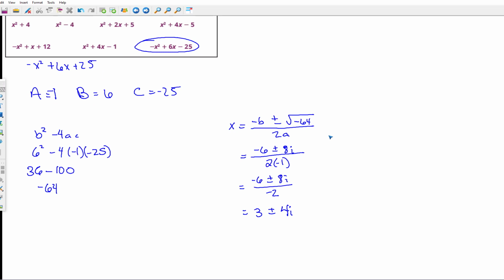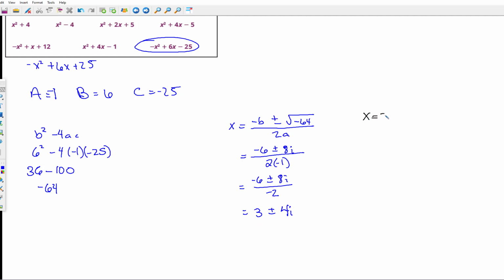So we had the -1, the 6, and the -25. When we work this, b squared was 36, minus 100 is -64. And we get down to -6 plus or minus 8i divided by -2. And so now let's go ahead and write our factors.